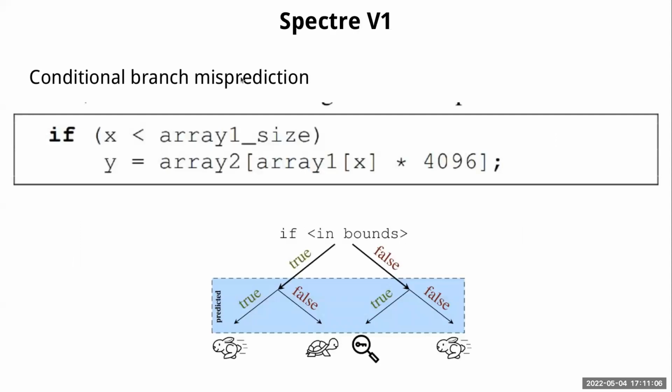There are several types of Spectre, at least two. I think those two are the ones in the original paper. The first one is the conditional branch misprediction. There is no indirect call or indirect jump here. Everything is direct.